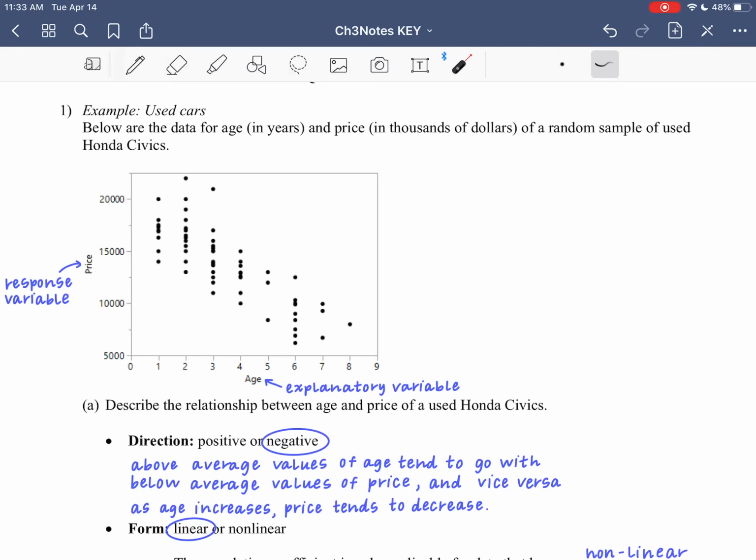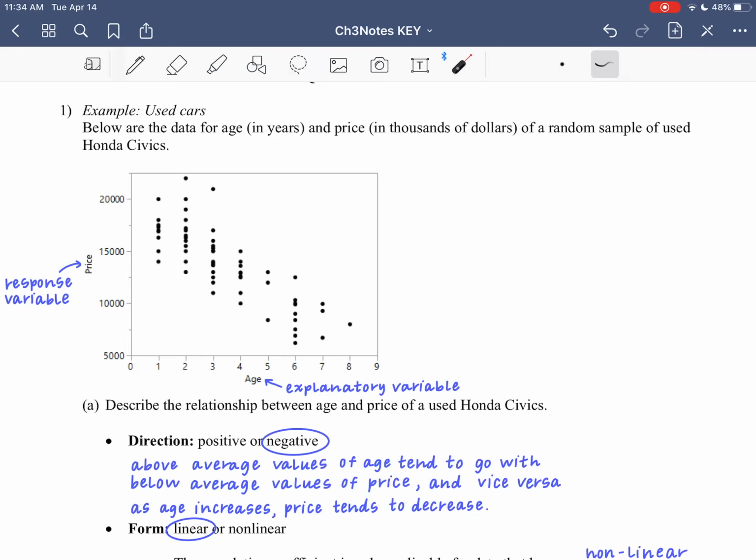But notice we don't have a list of the actual data, meaning I don't exactly know what this point is. I know the x value is 8, but I'm not exactly sure what the y value is or what the price of that vehicle is. So keep that in mind as you're looking at new data and a new graphical display, that you may or may not know exactly what those values are. That's important to keep in the back of your head.